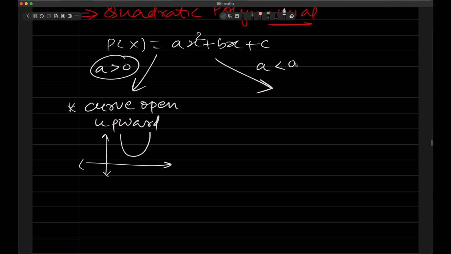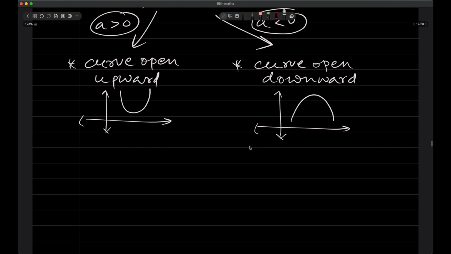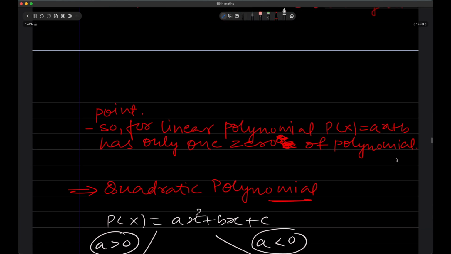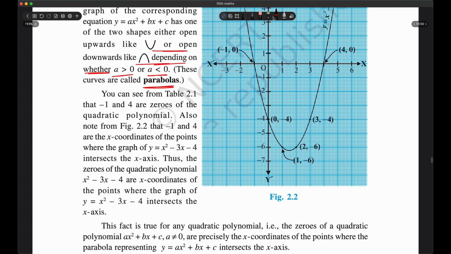If a is less than 0, then the curve opens downwards, that is of this form. The curve is called a parabola.